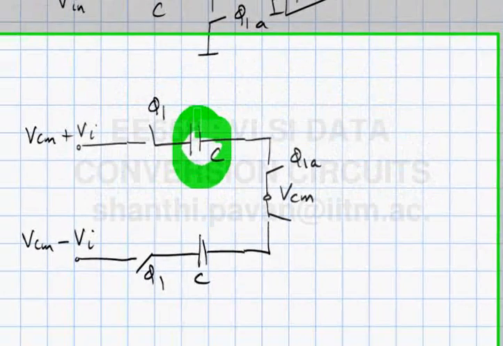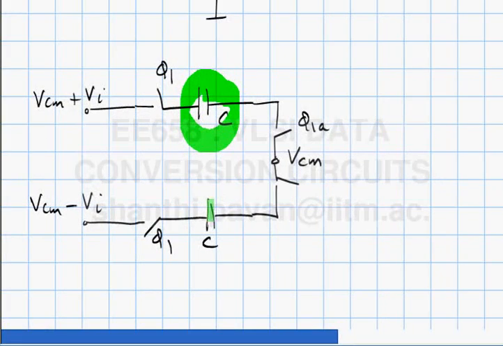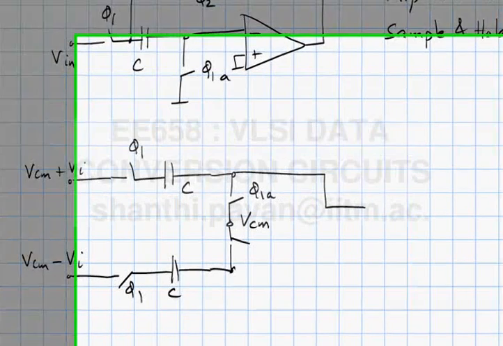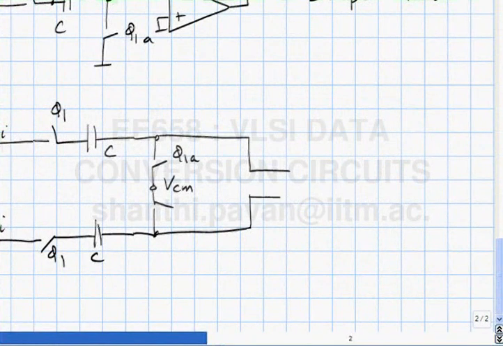So what is the voltage stored on this capacitor once it's sampled? It's simply VI. Similarly, the voltage on this capacitor is minus VI. Then the next job is to take this and flip this around a fully differential op amp.